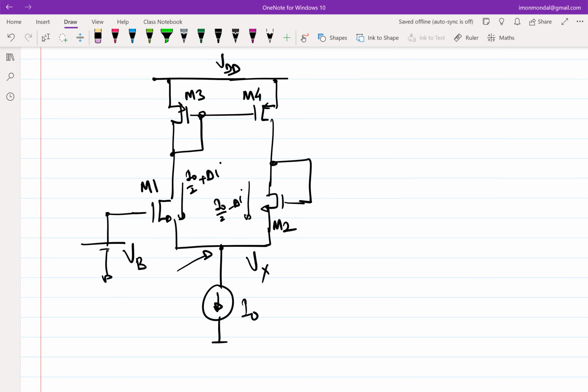If Vx is not moving and you are assuming delta I to have moved, then what is the conclusion? Can I conclude something on the voltage at the gate of M2?